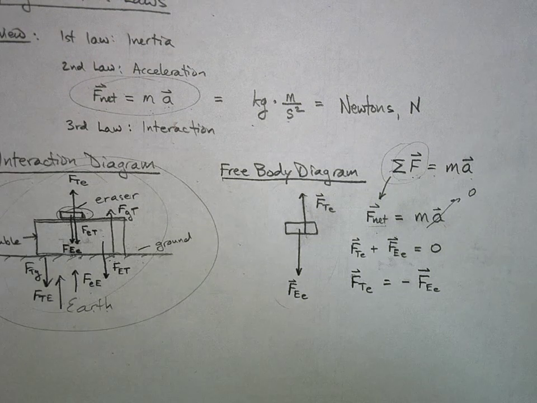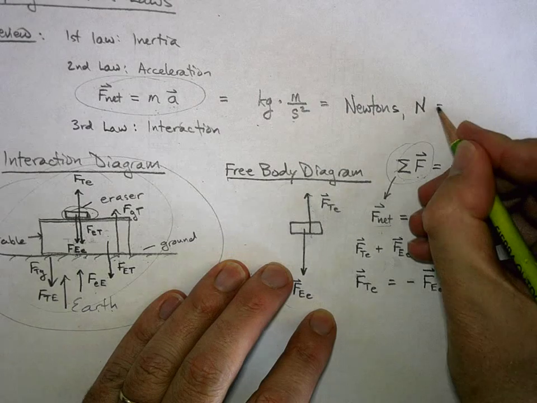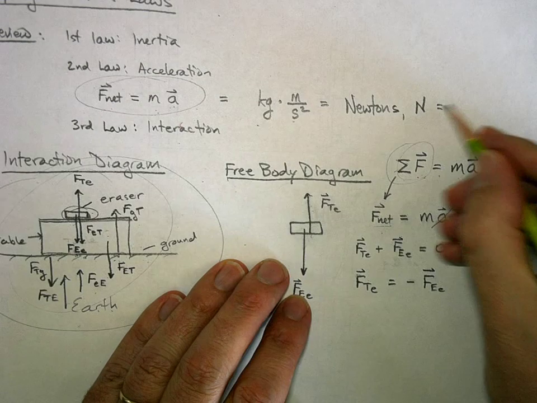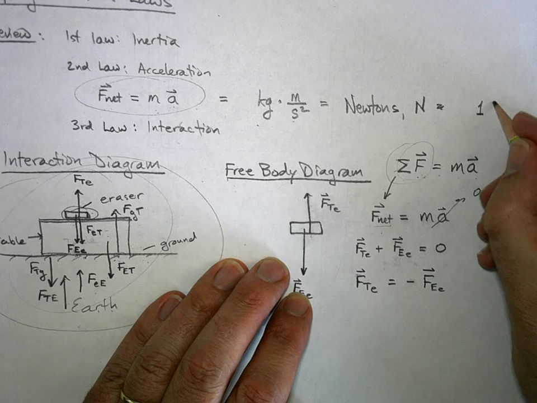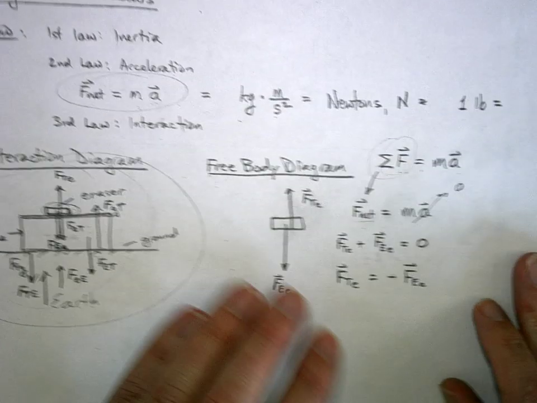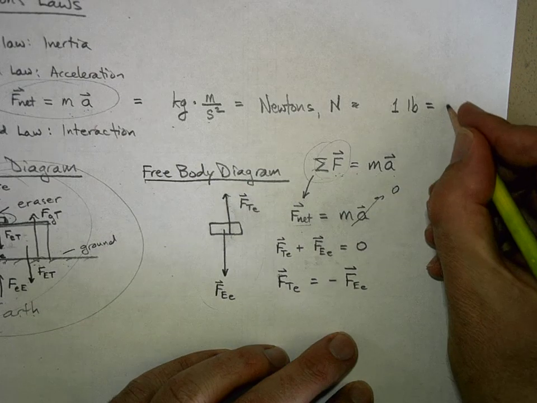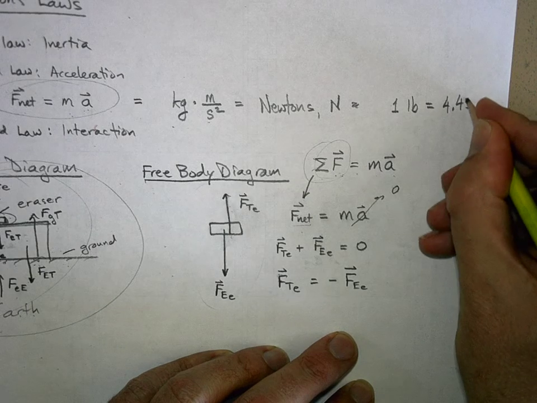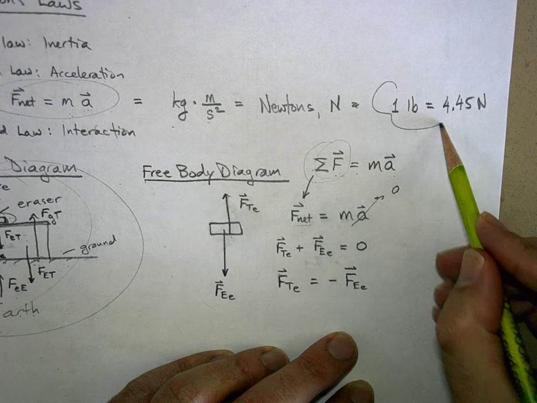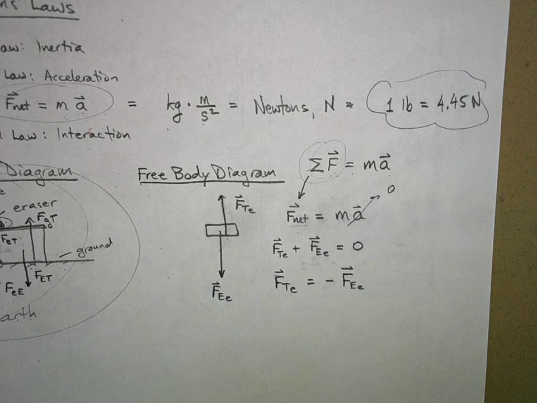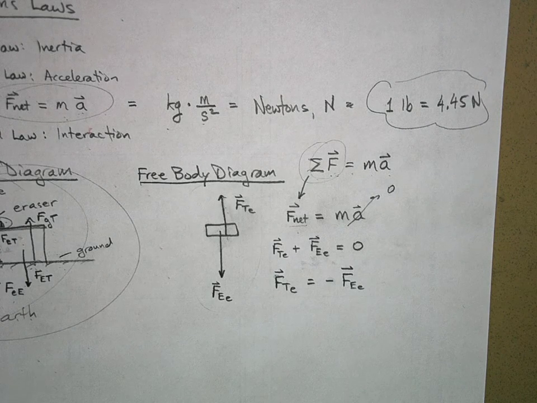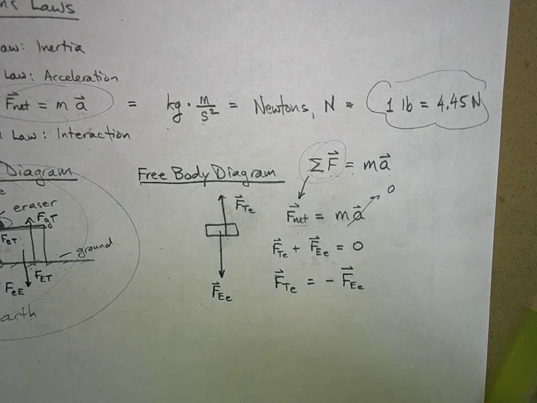So to get a sense, 1 pound is equal to 4.45 newtons. That's the unit conversion. So a newton is a little less than 1/4 of a pound. That's the unit conversion from pounds to newtons.